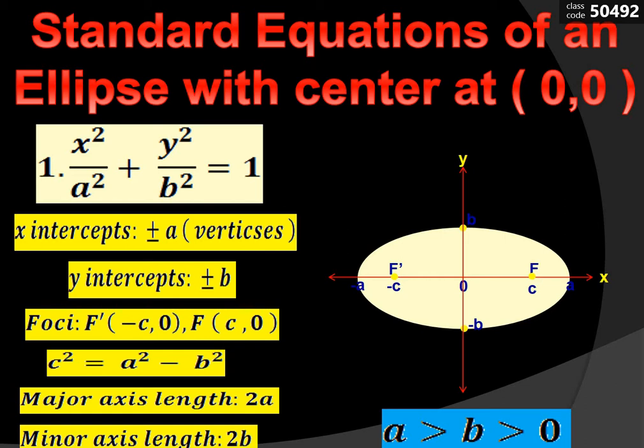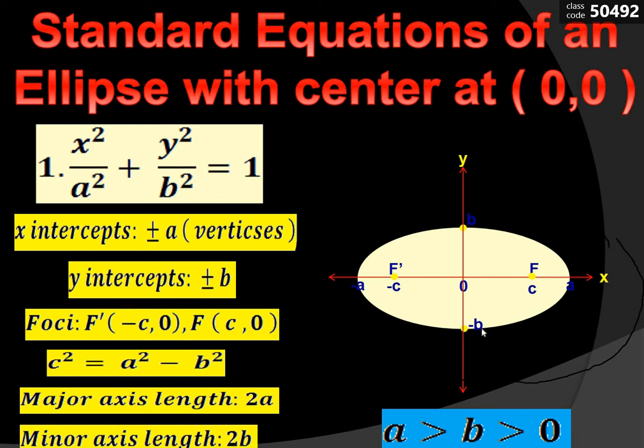In this case, b is less than a but greater than 0. So this is the illustration of the figure.